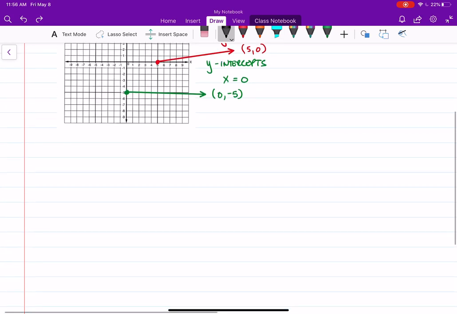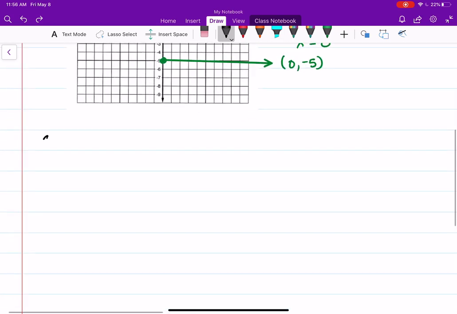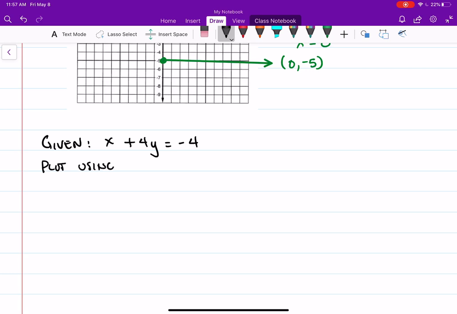Let's say we're given x plus 4y equals negative 4, and it wants me to plot this using intercepts.